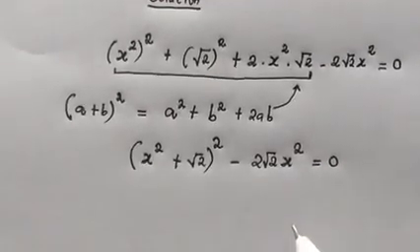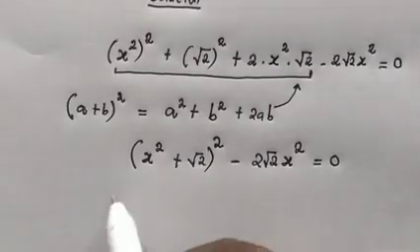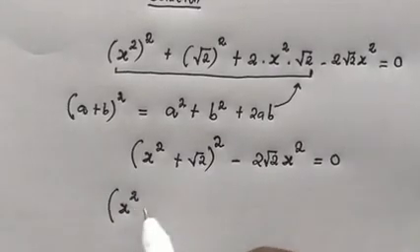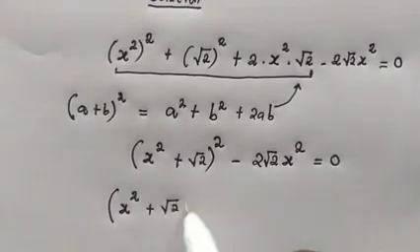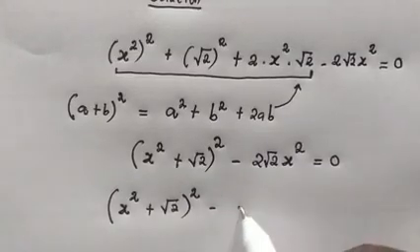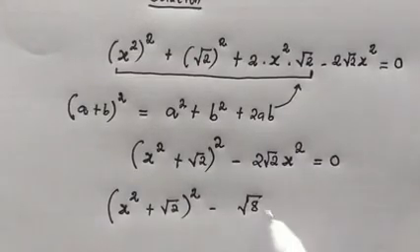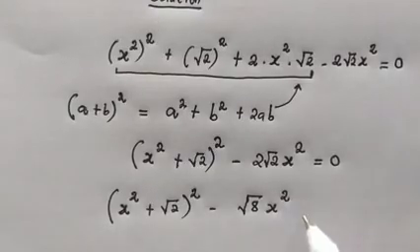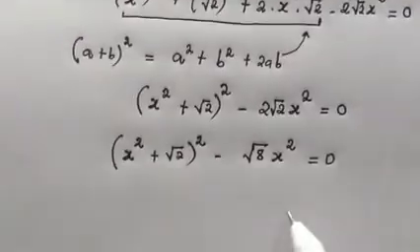Now we're about to make a difference of two squares. So here we have (x squared plus root of 2) whole squared, then minus 2 root 2, which is the same as root 8. Don't forget. So we have (root of 8 x) whole squared. This is equal to 0.